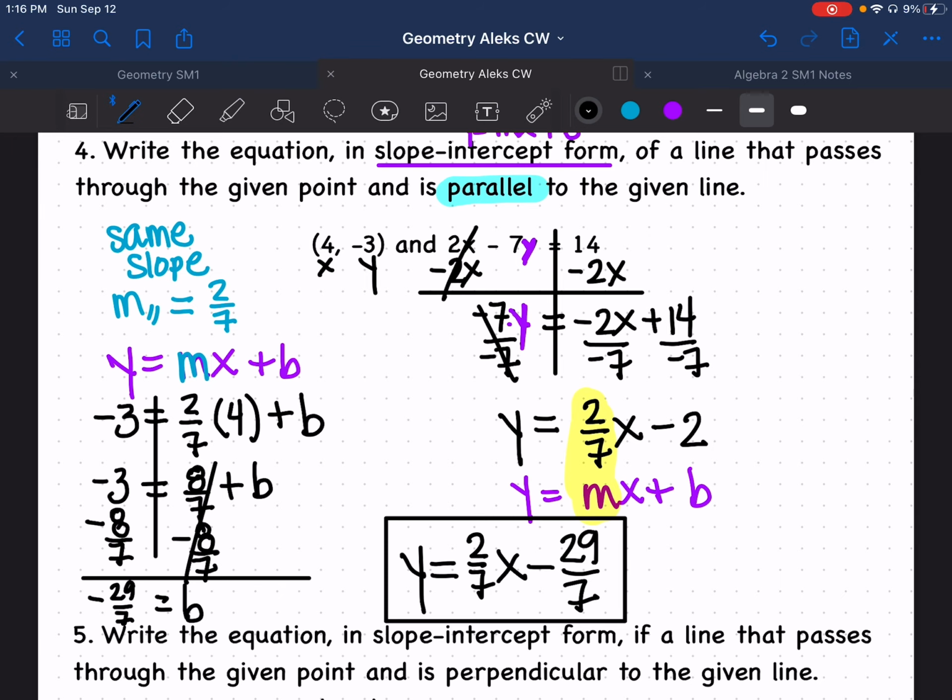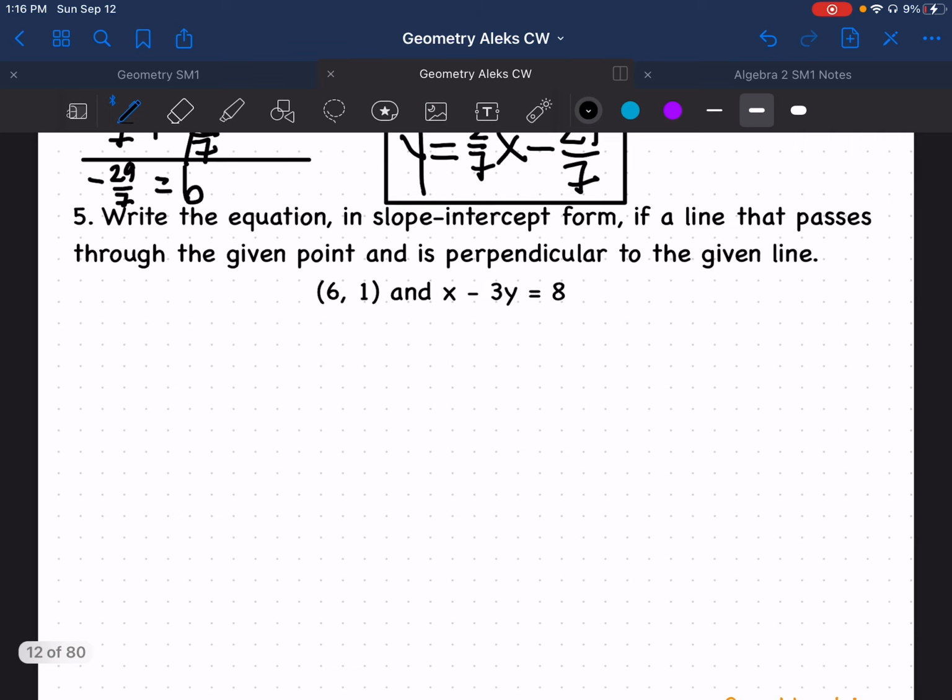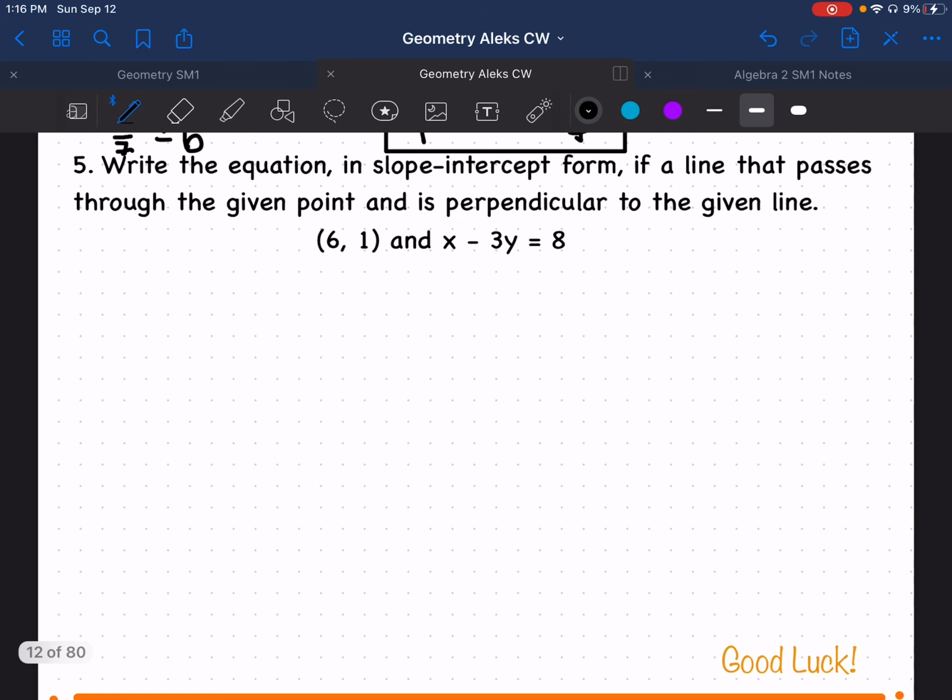Don't worry. All right, the last one I want to go over is to write the equation in slope-intercept form, so y equals mx plus b, of a line that passes through the given point and is perpendicular this time to the given line.